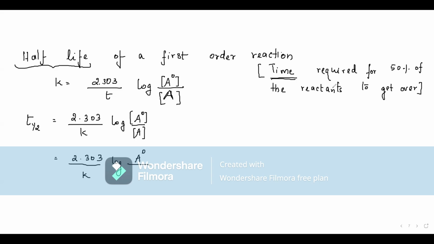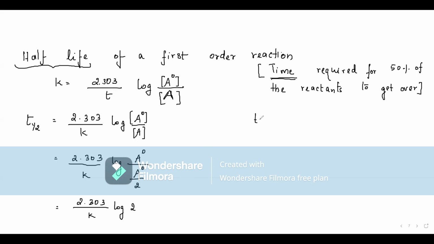What is A? 50% of the reaction is over, which means A is nothing but A naught by 2. So when I cancel the two A naughts, what I get is 2.303 by K log 2.